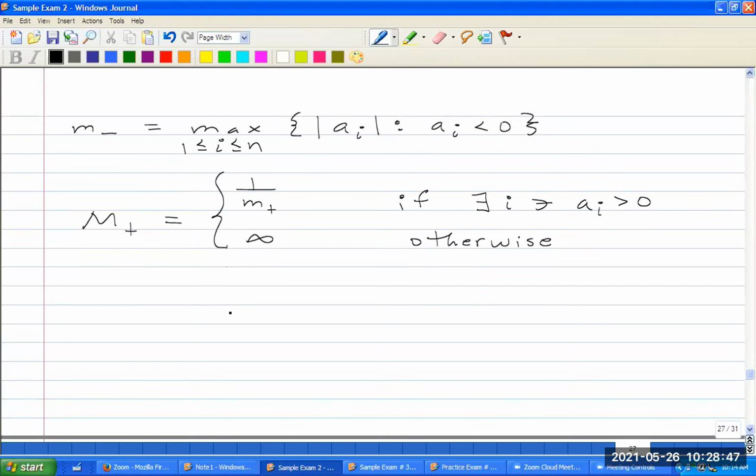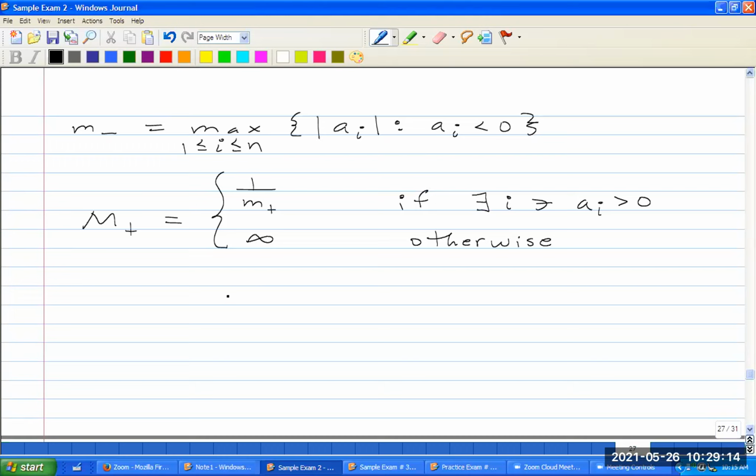And let's keep the sign with it. And then I'll change the sign down here.